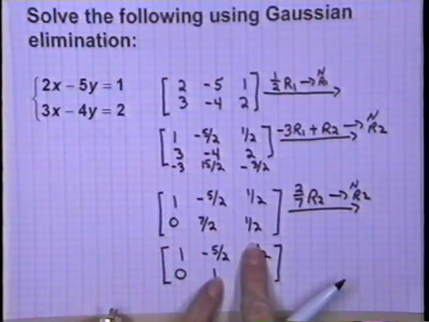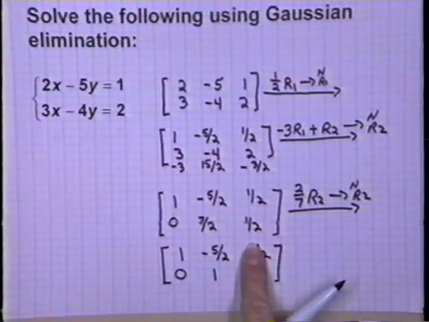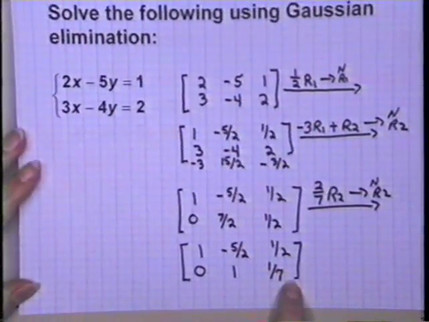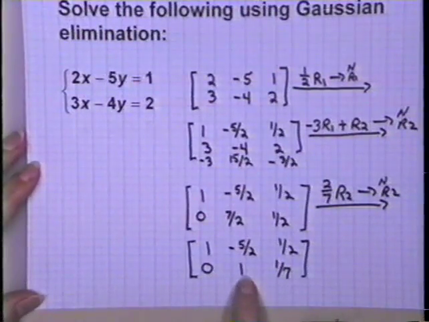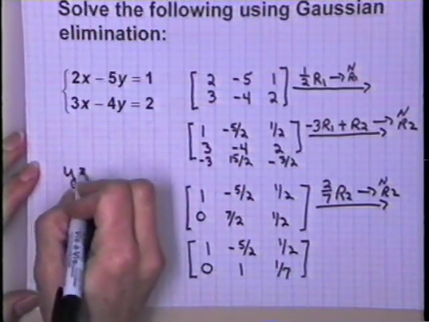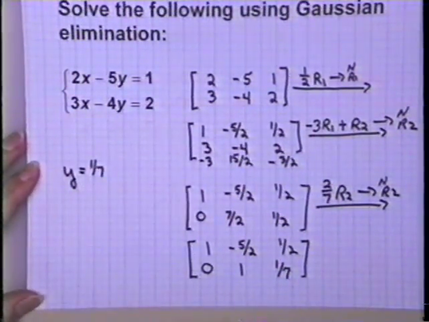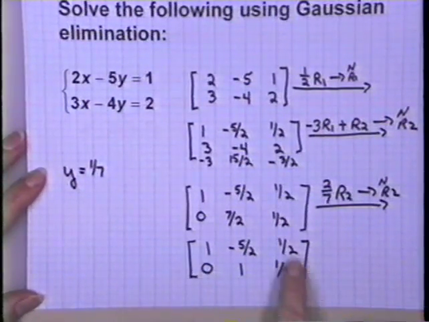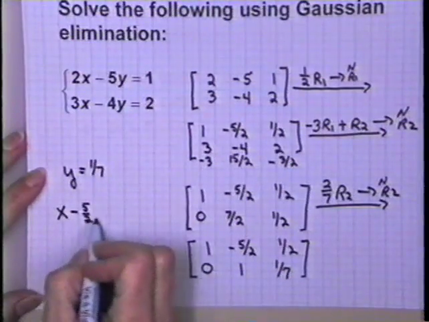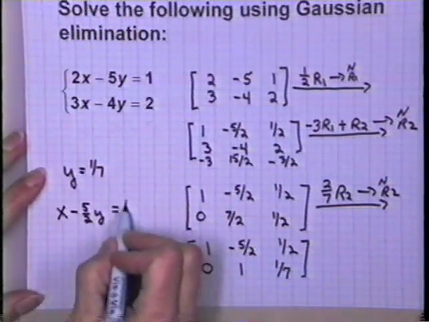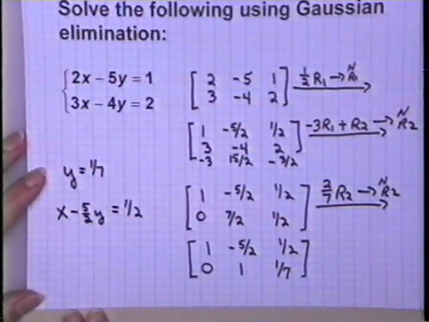Now, look at the coefficient part. I've got 1's on the diagonal and a 0 underneath, so I've got it in that triangular form. Notice this last row, the equation 0x plus 1y equals 1 seventh. We have our y value. The first row is saying 1x minus 5 halves times y equals 1 half.